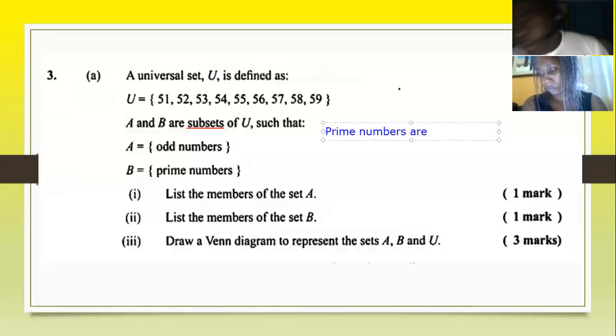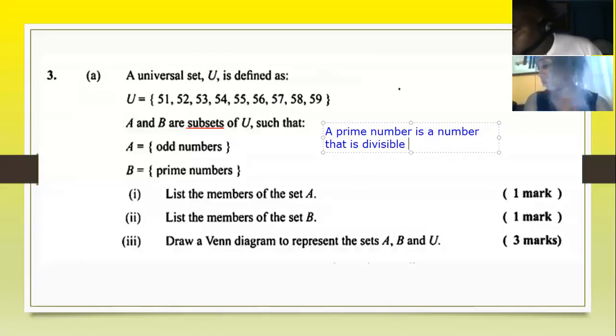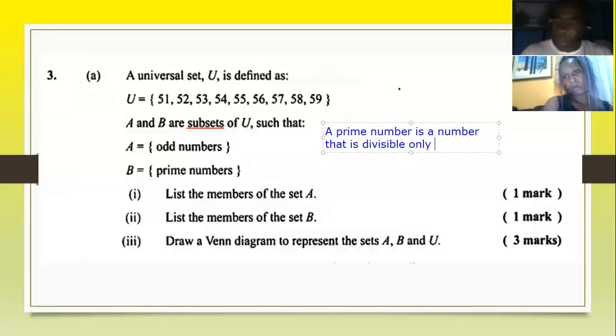A prime number is a number that is divisible only by one, sorry, only by itself and one.